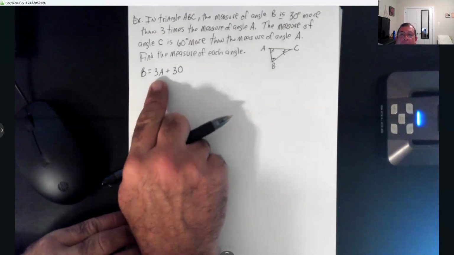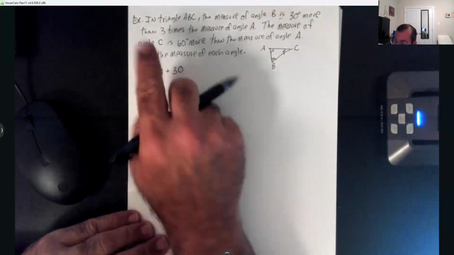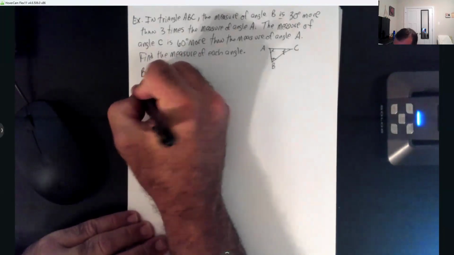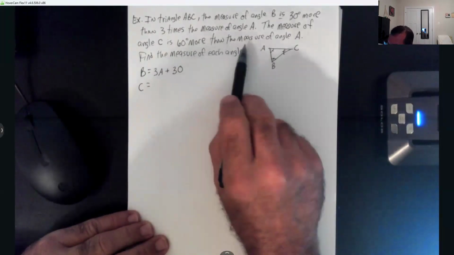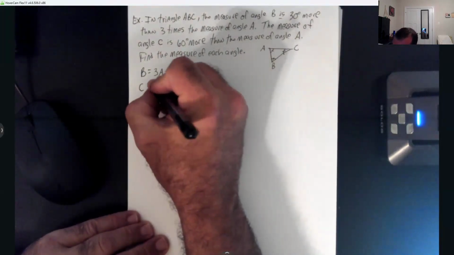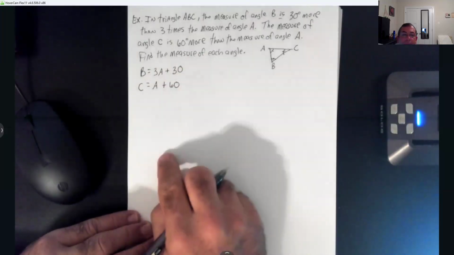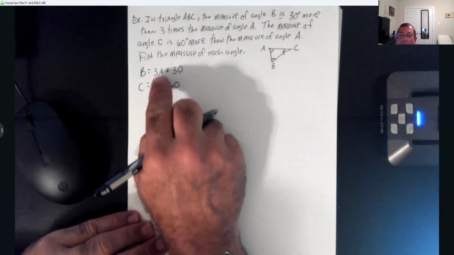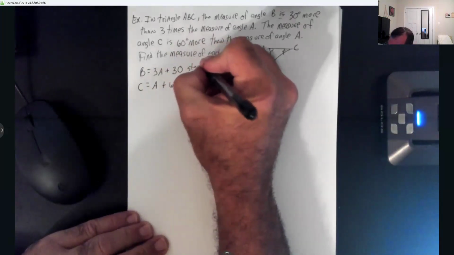That's your first sentence. Then it tells me the measure of angle C. So C equals 60 more than the measure of angle A. So that's just going to be A plus 60. Now, for both of these, we need to get them in standard form.